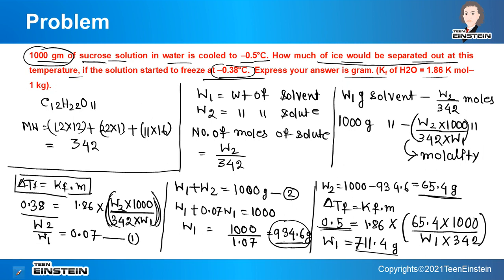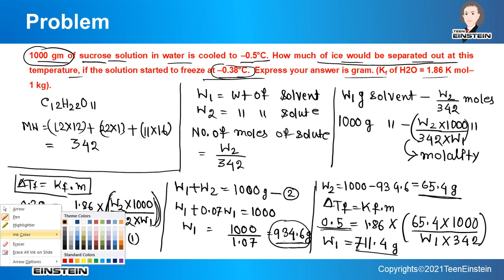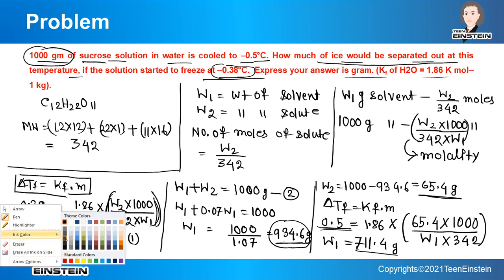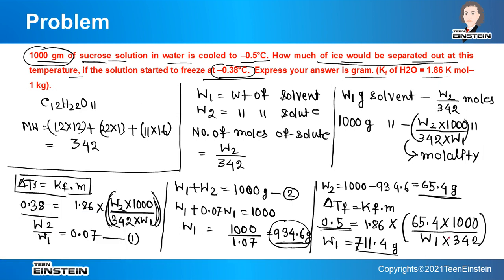So the ice that will be separated, the answer will be, better we write it W1 prime, because we have already used W1. The ice that will be separated will be W1 minus W1 prime, that is 934.6 minus 711.4, and this will be equal to 223.2 gram.